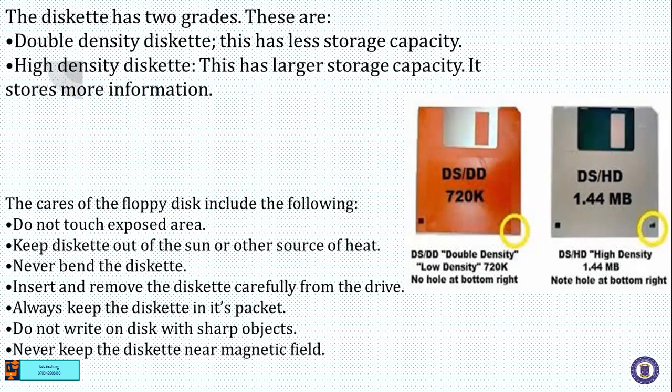This double density diskette is the type of diskette that has the lowest storage capacity. Then we have high density diskette. What we mean by high density diskette is a diskette that has a larger storage capacity.